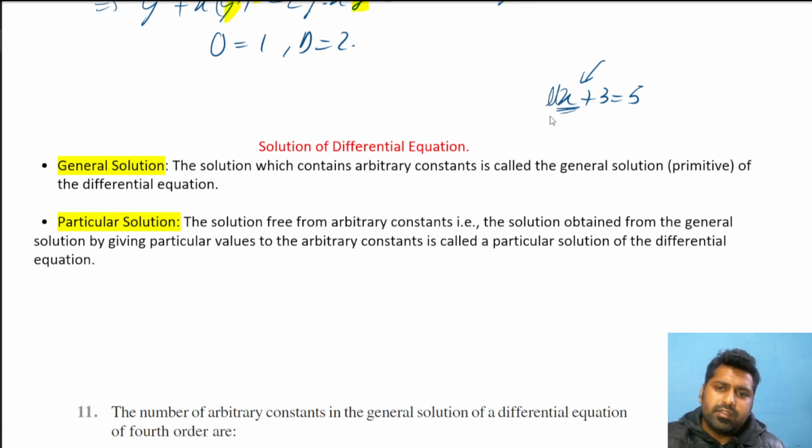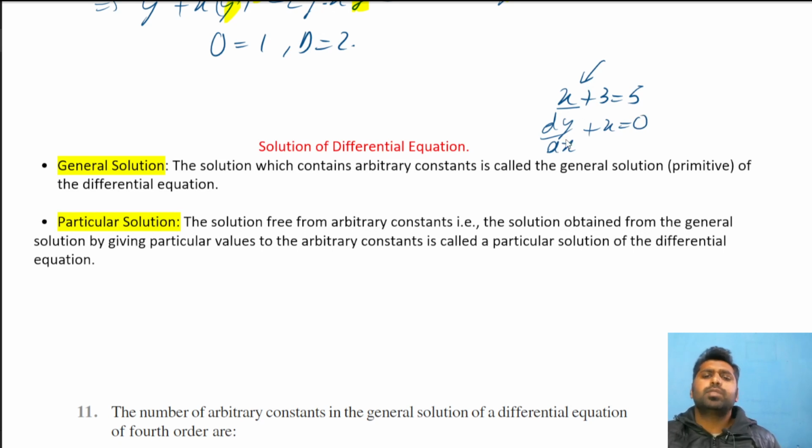Suppose the equation is, let's say, dy by dx plus x is equal to 0. Now something is there, okay, I'll take dy by dx minus 2x is equal to 0. Now some y is there. After differentiating it, we get dy by dx, and when we put the value of dy by dx here, we get the result as 0.